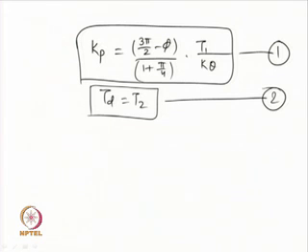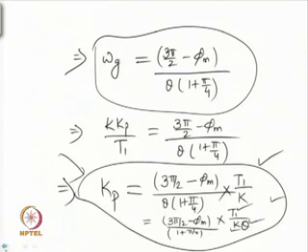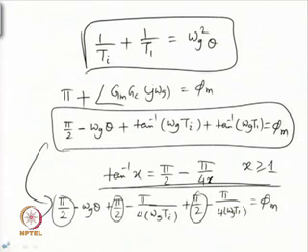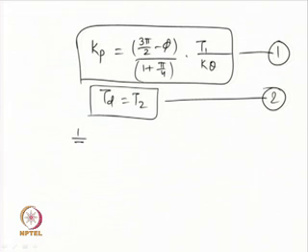How to find an expression for the remaining parameter of the PID controller? It is not difficult; we go for the expression we have got earlier. Please keep in mind that 1 by Ti plus 1 by T1 is equal to omega g square theta. This is what we already have got, so I shall make use of that now.